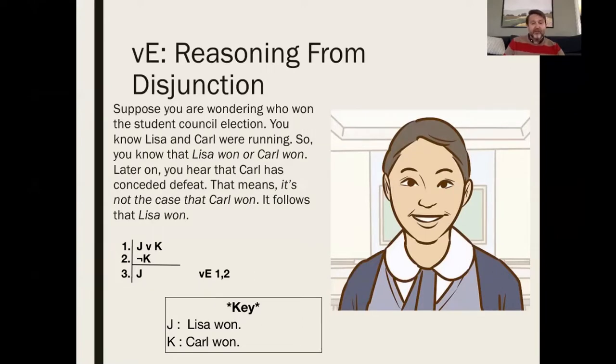That's what you infer here when you infer that Lisa won. J can stand for Lisa won, K stands for Carl won. We know that initially either Lisa won or Carl won, and now if you learn that it's not the case that Carl won, then you are in a position to infer Lisa won, and we do this via a single application of disjunction elimination from premises 1 and 2.